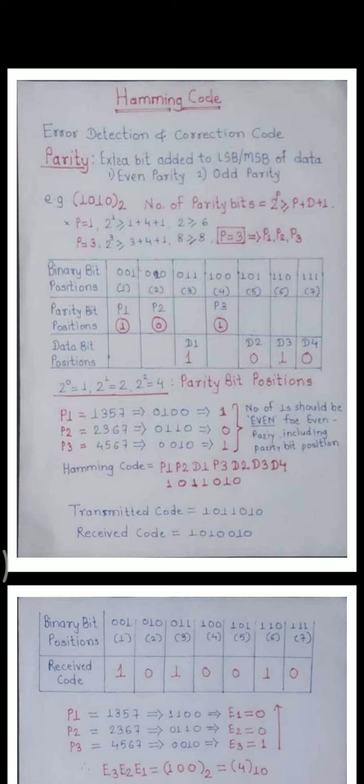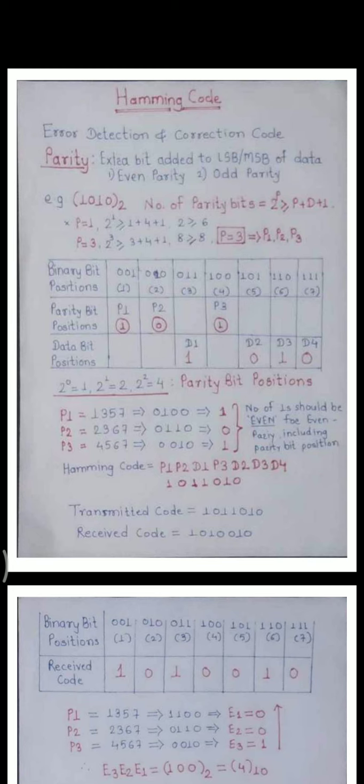So binary bit positions are from 1 to 7, and we have written them in binary form, in the 3-bit form again. So 001 is the first binary position, 010 is 2, 011 is 3, 100 is 4, 101 is 5, 110 is 6, and 111 is 7.